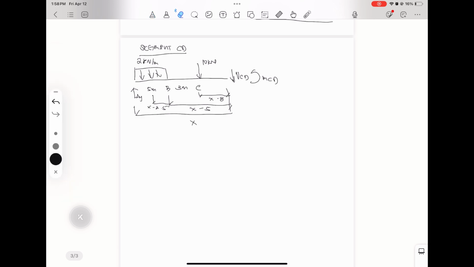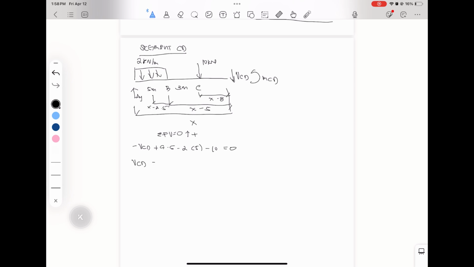Okay? So same as before, summation of forces vertical is equal to 0. Upwards is positive. So minus VCD, and then plus 9.5, minus 2 multiplied by 5, minus 10 because it is downwards, equals 0.